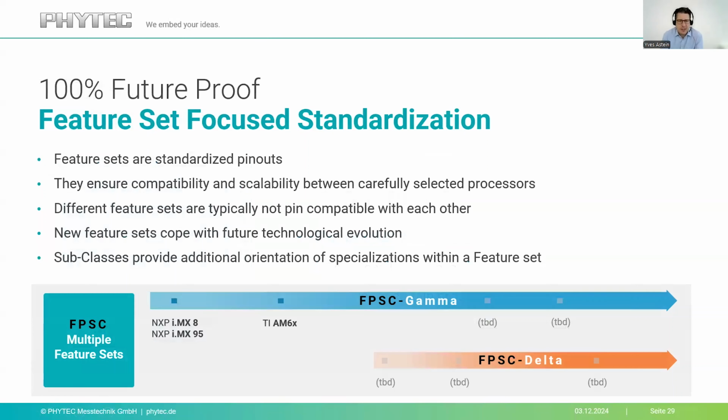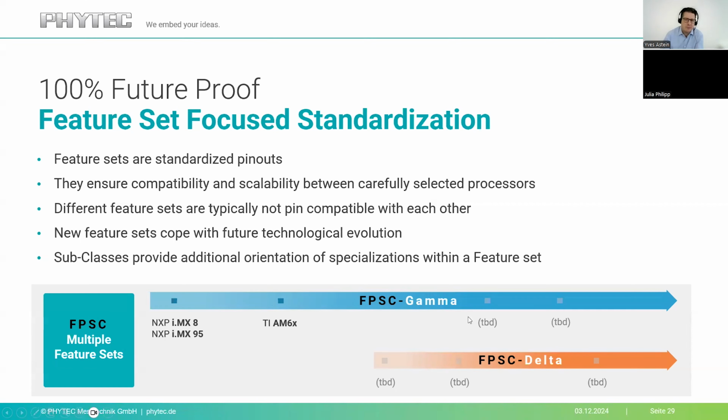Yeah, and the feature set part is something where we focus on the future, where we say, okay, currently we are capable of saying there's a certain group of processors that all combine into one standard, and it makes sense to standardize them. The amount of compatible interfaces is so high that our feature set gamma is the right kind of definition for these processors.